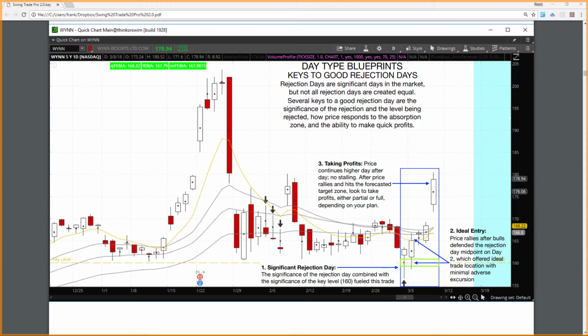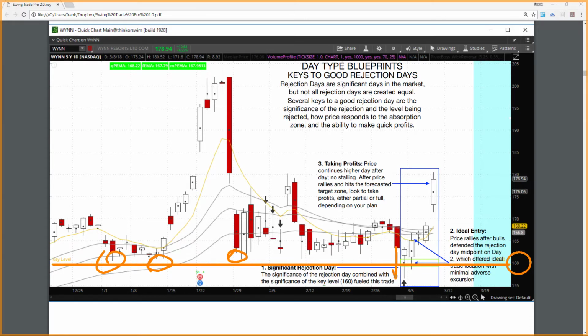So in this case, there are several keys to good rejection days. Rejection days here, it reads, are significant days in the market, but not all rejection days are created equal. Several keys to good rejection days are the significance of the rejection, so the size of that rejection, how big is that day, also the level being rejected. How significant is the level being rejected? 160 was a significant level in the market, a major LVN, a major area of support that it had not been below for a long time.